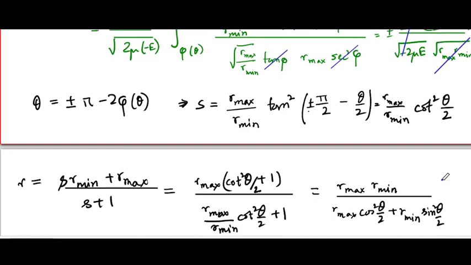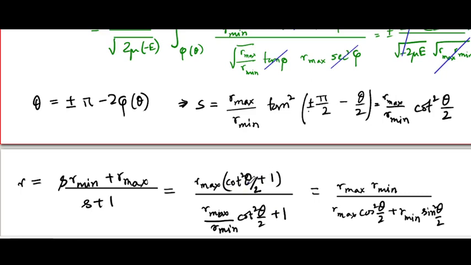So r, now r we know how to write in terms of s. It's just (s times r min plus r max) by (s plus 1). So we plug that in, and since s is given by this, we get r max into (cot square theta by 2 plus 1) in the numerator, and of course (r max by r min cot square theta by 2 plus 1) in the denominator.